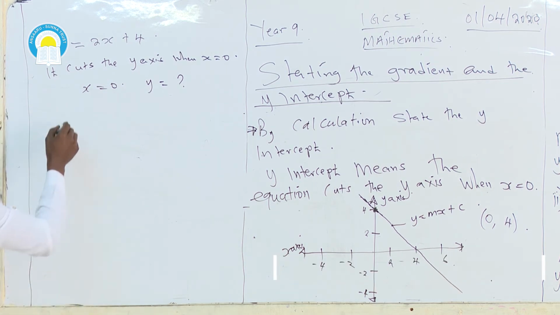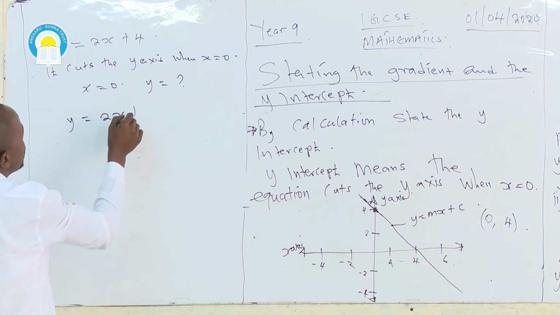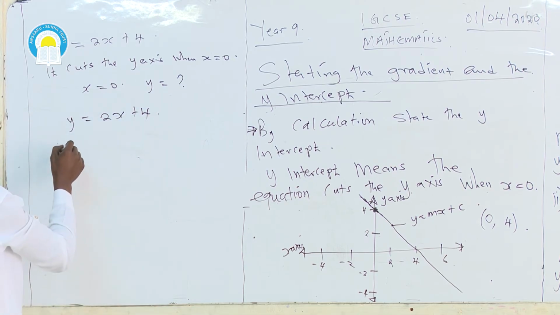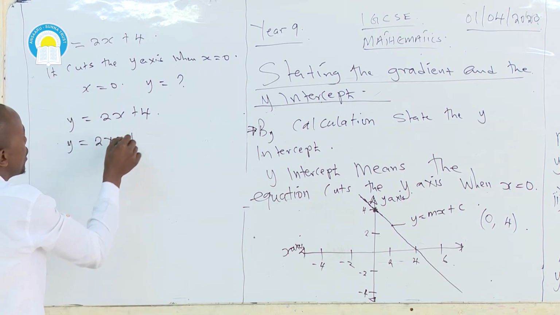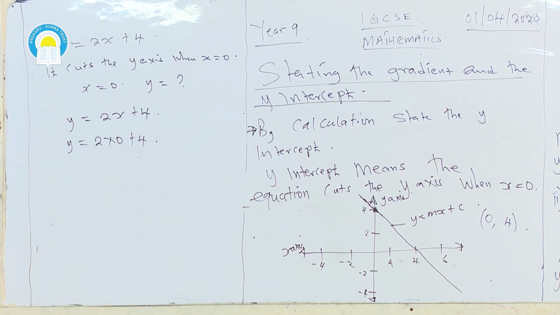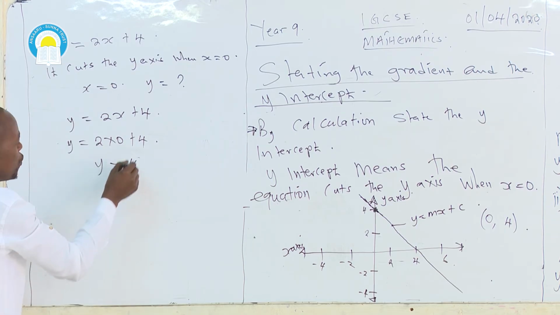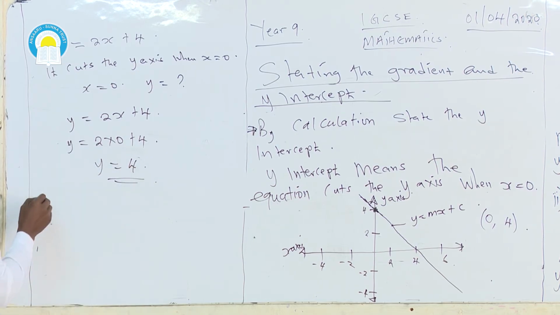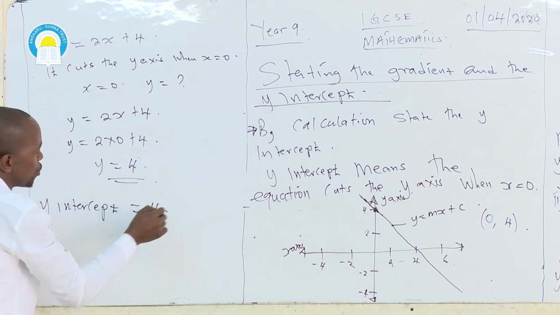Now, y is equal to 2x plus 4. X is 0, meaning y is equal to 2 times 0 plus 4. 2 times 0 is 0, plus 4, so y is equal to 4. In other words, our y-intercept is equal to 4.